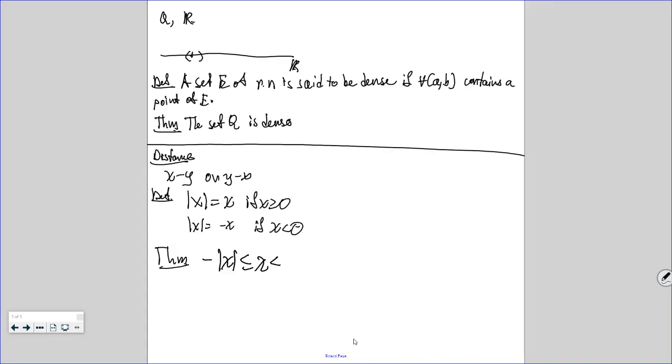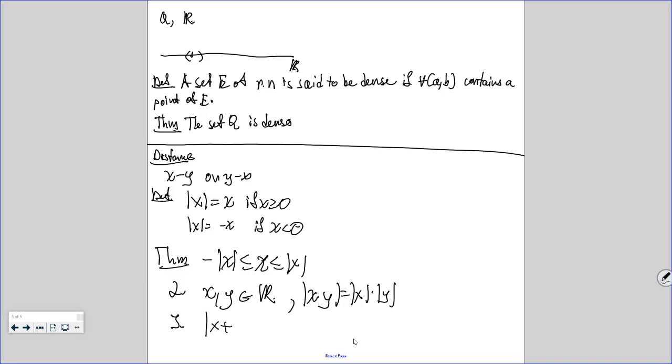Property 1 is that any x is between minus absolute value of x and absolute value of x. The second property is that if you take x, y in R, then the absolute value of x times y is equal to the absolute value of x times the absolute value of y. Property 3 is what is called the triangular inequality. And the last property is property 4.